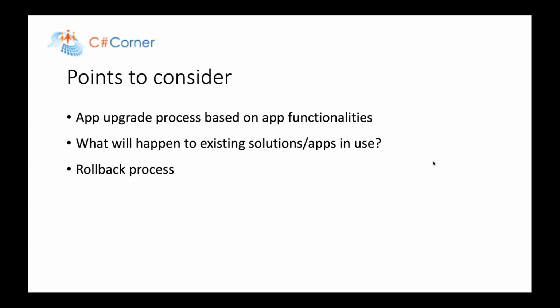The second point is what happens to the existing solution app in use. For example, you have already deployed an app, and when you deployed last time, you didn't use the skip deployment property. In that case, you might have installed it, or different site owners installed that app in different sites.